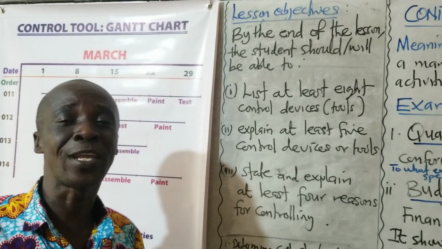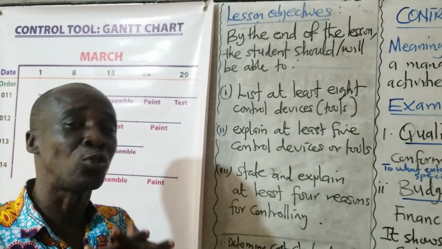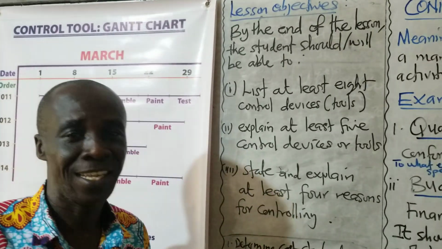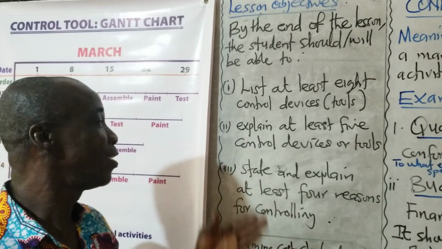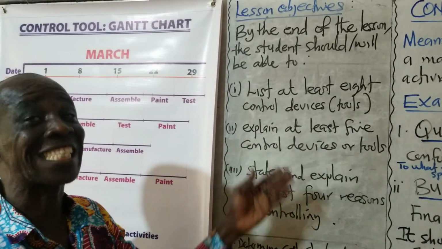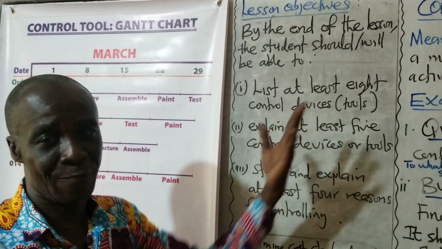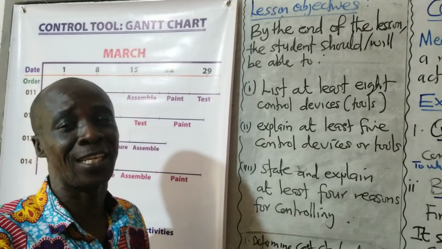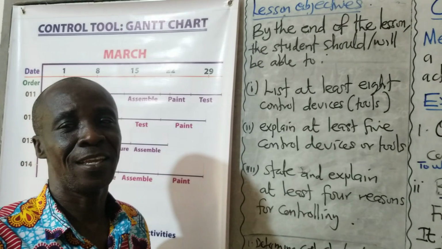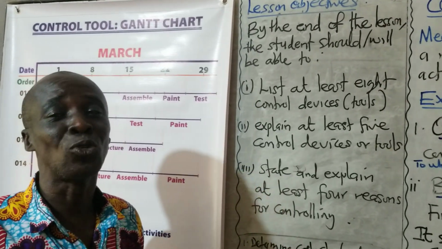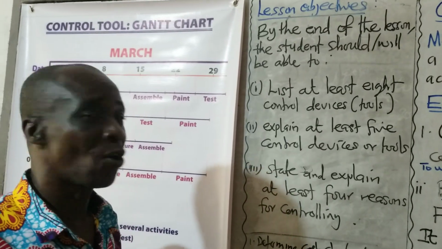So today we'll be looking at control devices or control tools, and you should be able to list 8 of them. Then the second objective is that you should also be able to explain at least 5 of the control devices. So when you say list, you should be able to list at least 8 of them. And then even if you can't do anything, you should be able to explain 5 of them.